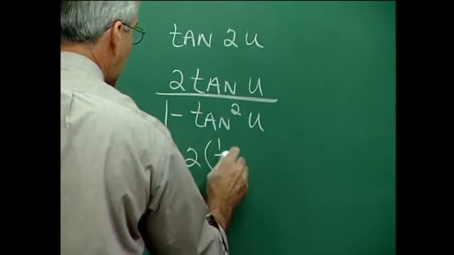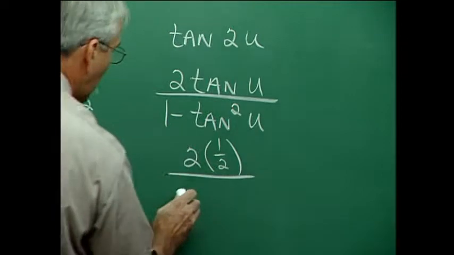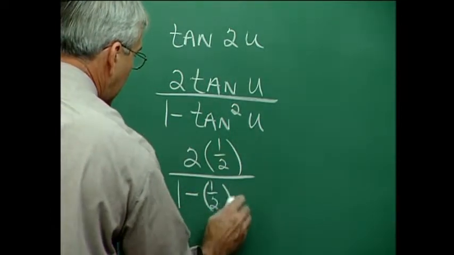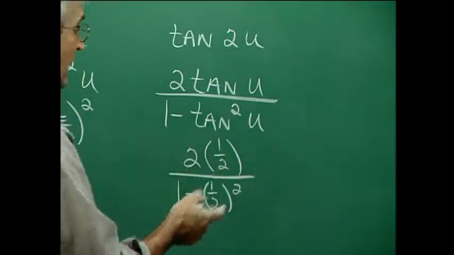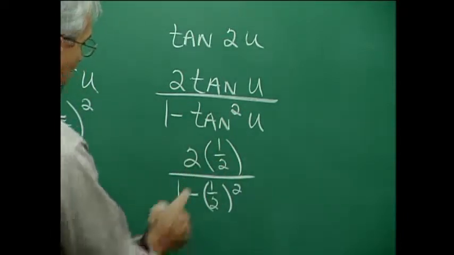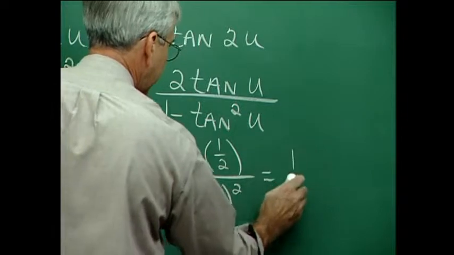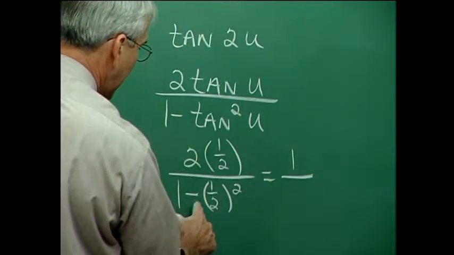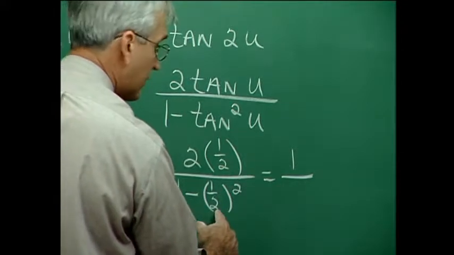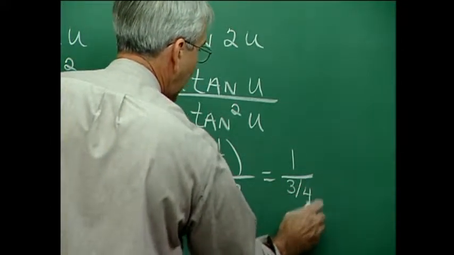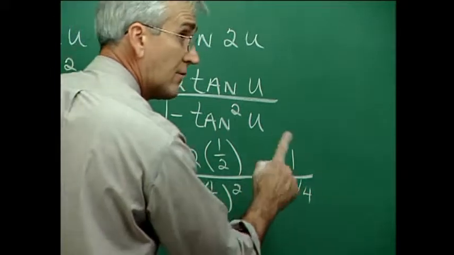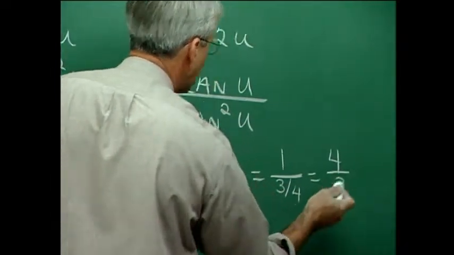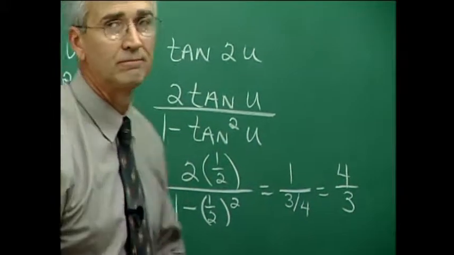So this is 2 times 1/2, over 1 minus, now this is just 1/2 squared, because tangent u was given as 1/2. So let's see, this is just 1 in the numerator. And in the denominator we have 1/2 squared is 1/4. 1 minus 1/4 is 3/4. And 1 divided by 3/4 is 1 times 4/3, or simply 4/3. So 4/3 then for the tangent of 2u.